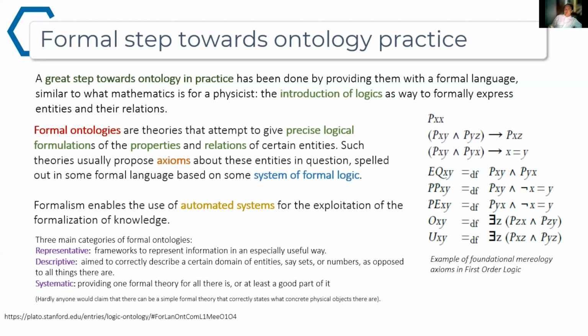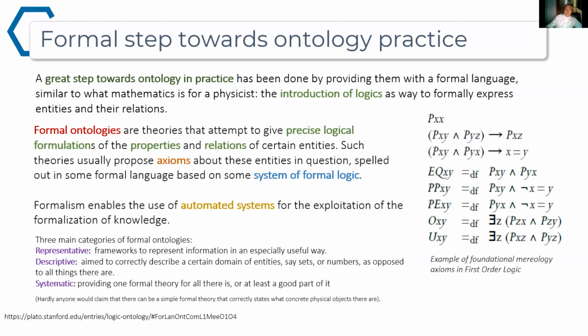So let's try to use logic as a language to express what things are and what their relations are, instead of using natural language. And let's see if this is computable in some way, if this enables us to resurrect an ontological approach using a formal language.